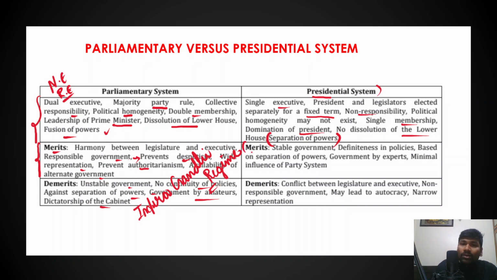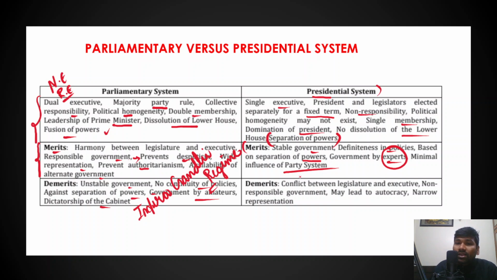However, what are the merits of the presidential system? A stable government is a merit of the presidential form of government, and in fact there is a definiteness in the policies of the government, and it is also based on a strict separation of powers between the different branches of the government. It is not government by amateurs, rather it is government by experts, and there is minimal influence of the party system.